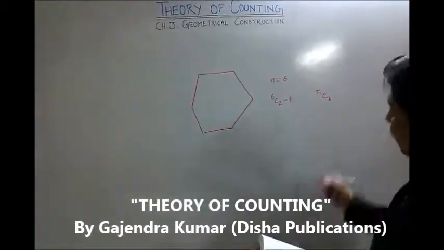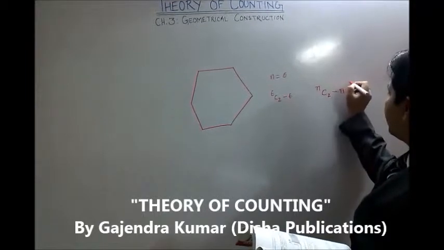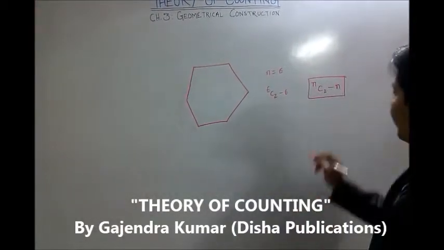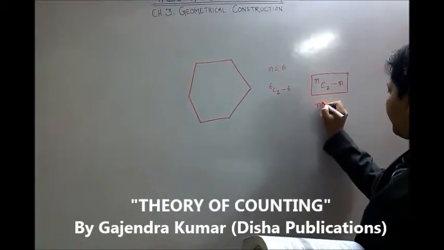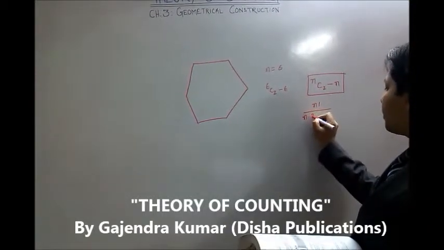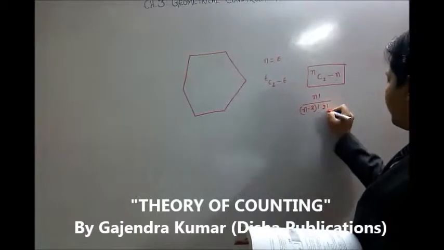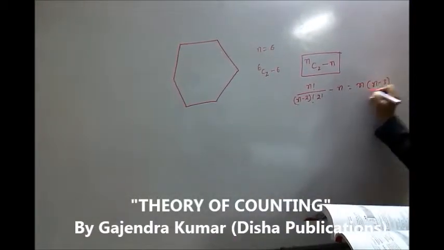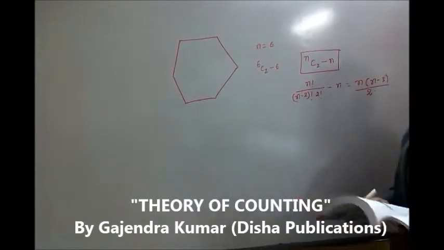Extending the logic, the number of diagonals in a polygon of n sides is nC2 minus n. If you solve it, n factorial by (n minus 2) factorial by 2 factorial, minus n, that is equal to n(n minus 3)/2.